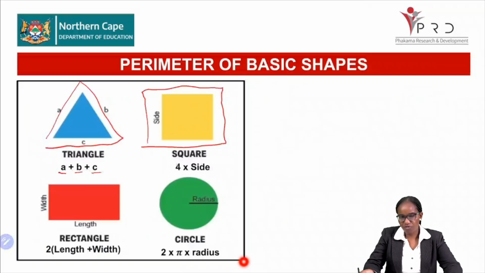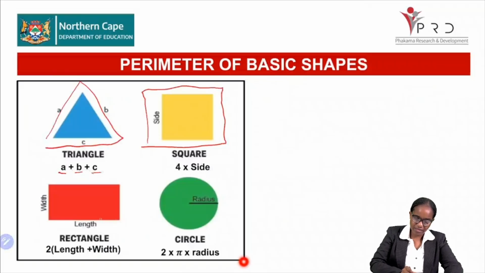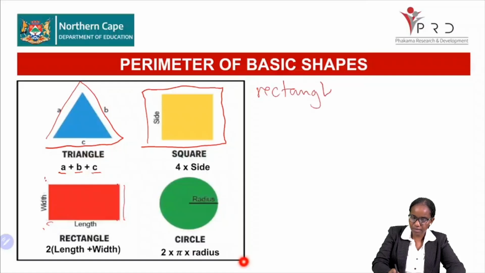The perimeter of a rectangle. A rectangle has got the length and the width. And we know that this length is equal to this one, which is opposite the other side, and the width is also equal to the width on the opposite side. So the perimeter of a rectangle will be length plus breadth plus length plus breadth, or plus width.